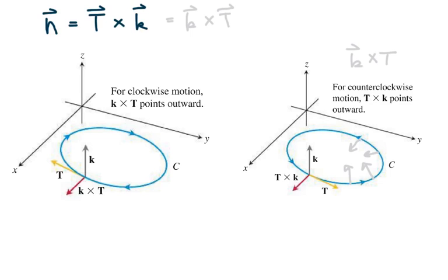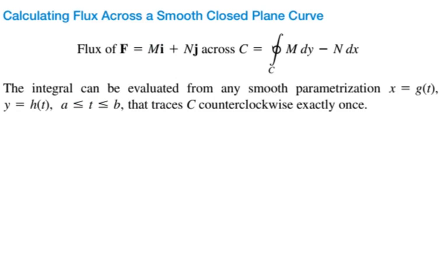All right, so again, I've mentioned this before. We've talked about direction. We're going to start to see a little symbol that indicates that we must be traveling in counterclockwise motion. So here we have our new definition for calculating the flux of that force field across some curve or along some path C. And you notice I have this ring, this circle on my integral symbol.